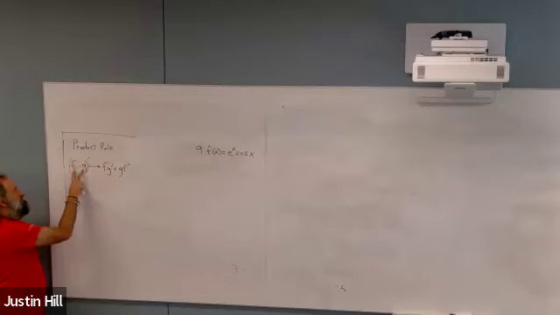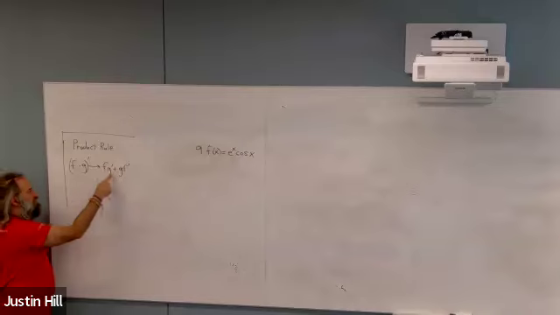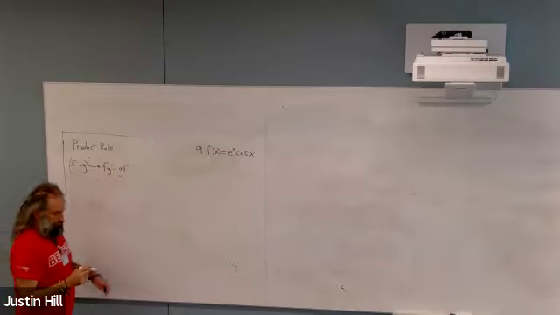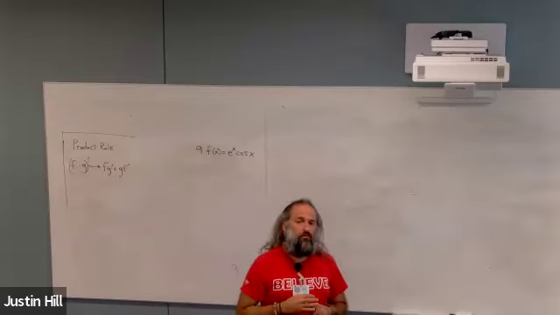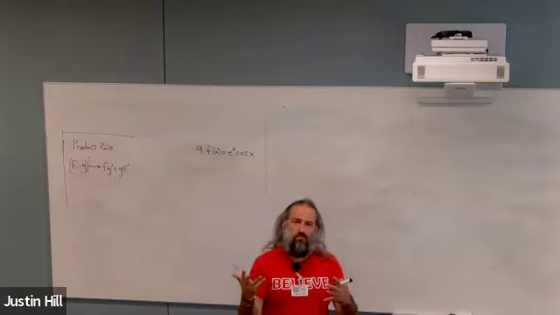I've got two functions, f and g, and I take the derivative of it, then my answer is going to be f times g prime plus g times f prime. So not horrible, not hard, but not as straightforward as taking the derivative of two functions that are added together.